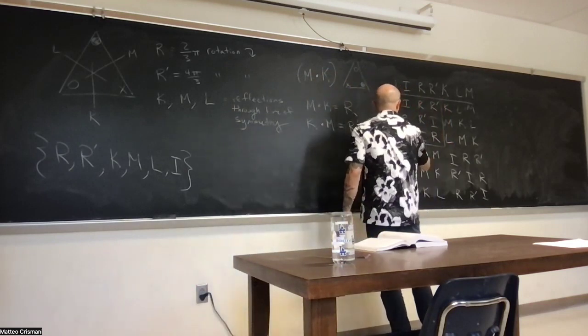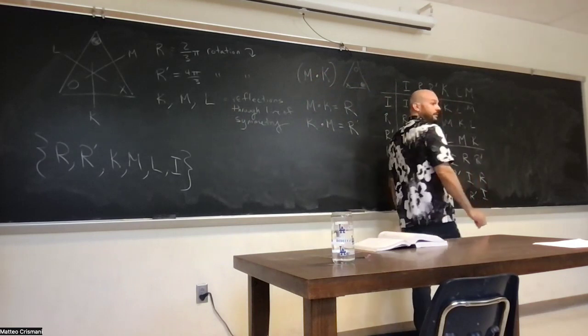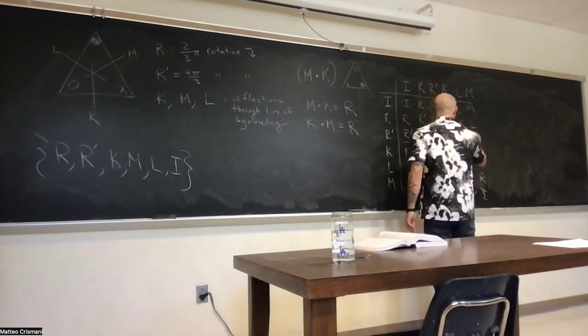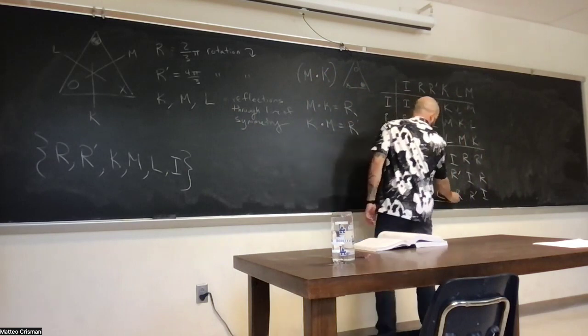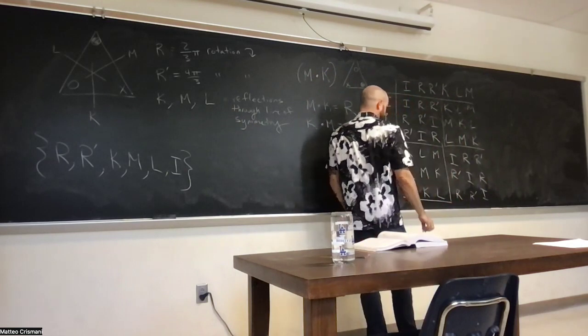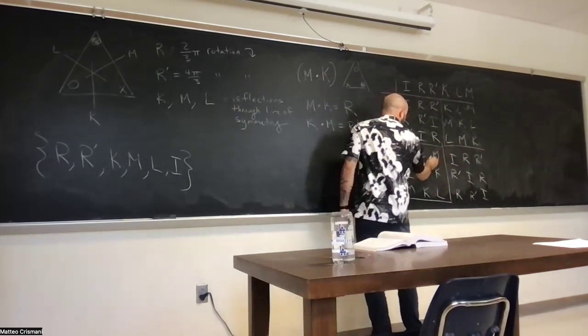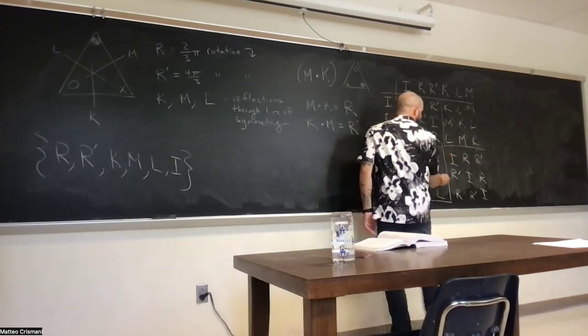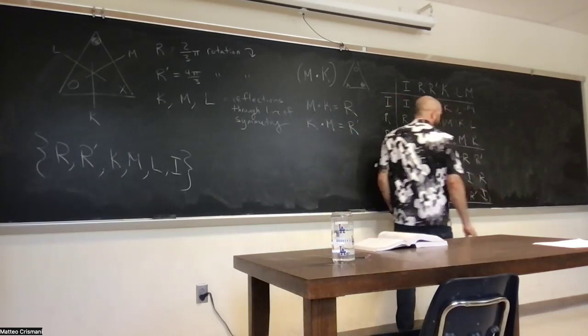Alright, so this one here is what you were talking about before, and this one here. Okay, what about this one? Yeah, no, the other way. Oh, okay, interesting, and this one here?